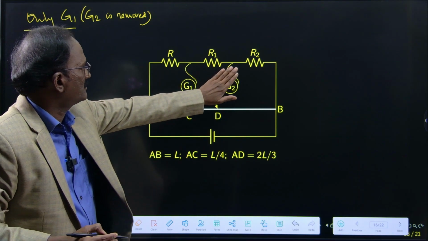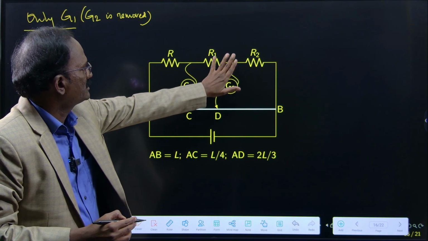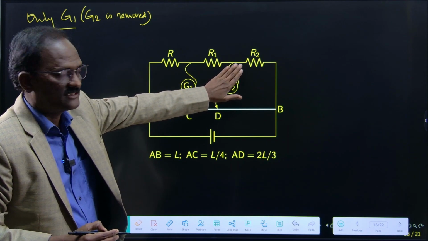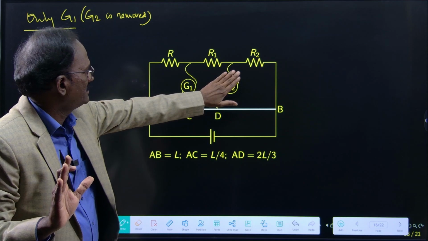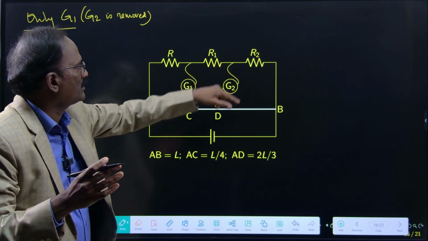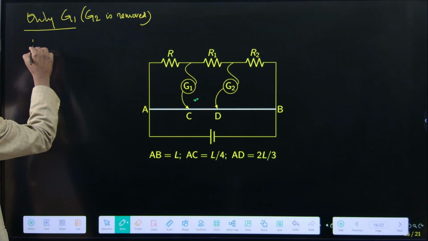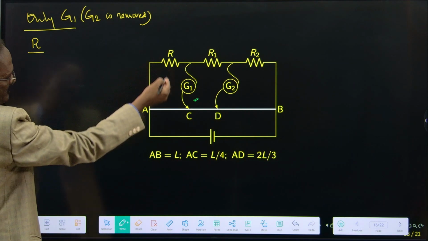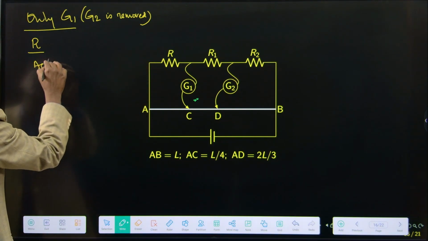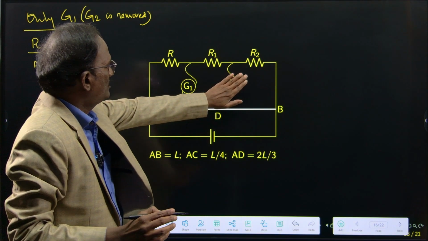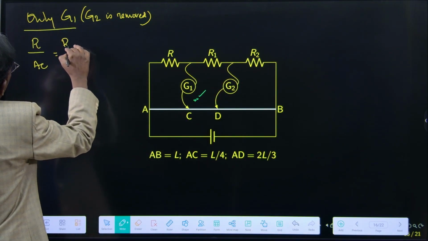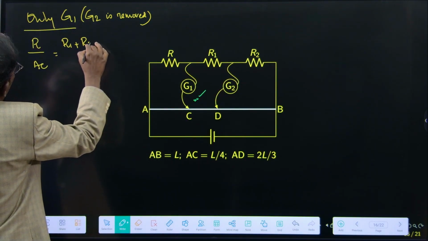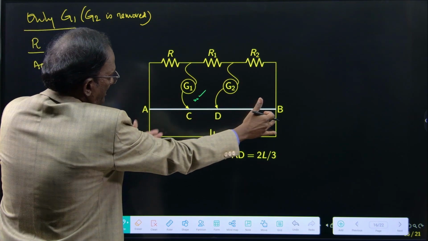So this is R. If we forget G2, R1 and R2 are coming in series. So R divided by AC is equal to R1 plus R2 divided by CB.